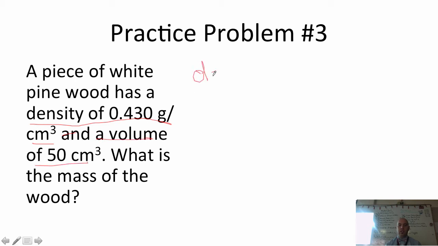So density is 0.430 grams per cubic centimeter. We know that volume is 50 cubic centimeters. And what is it that we're looking for? The mass. So we're trying to find mass. So that's our question mark.